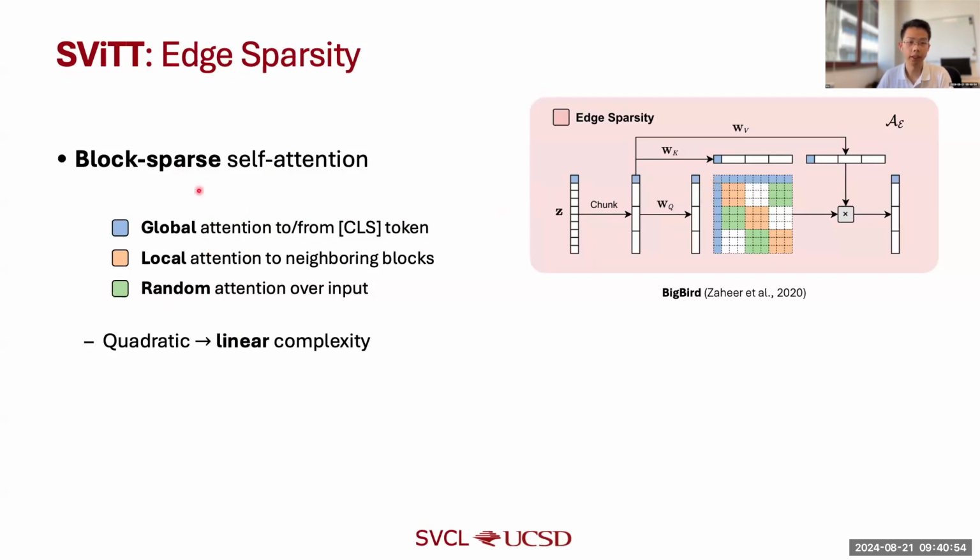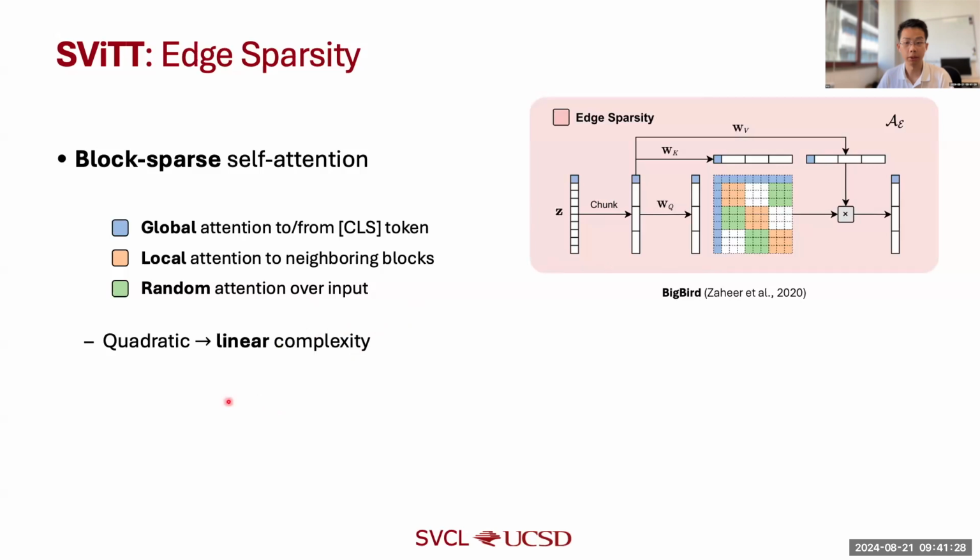The global attention connects this class token with all the other video tokens. The local attention connects each video token to other tokens from the same block or neighboring blocks. This corresponds to these block diagonals in this adjacency matrix. And random attention connects video tokens with sparsely sampled non-neighboring blocks to enable long-range information modeling.